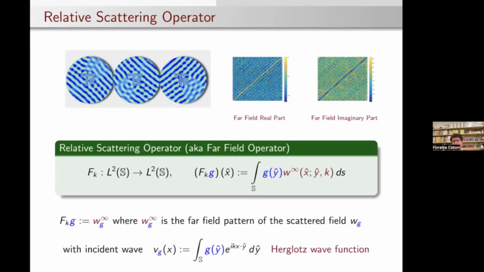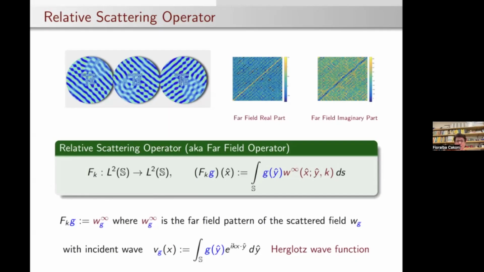The far field is a complex valued function. For one particular direction, you get something, one of the columns, and for all directions you are going to get something like this, right? So one axis is the incident direction, and the other axis is the observation direction. So you get this far field pattern. Now the question is: is it possible to superimpose these far field patterns in such a way that the scattered field is zero?